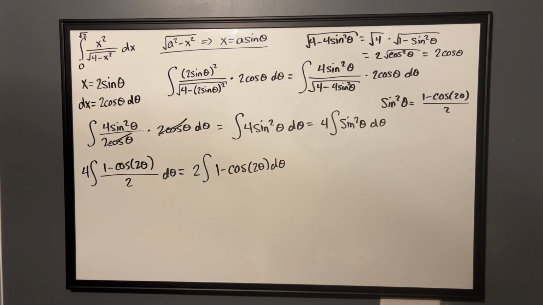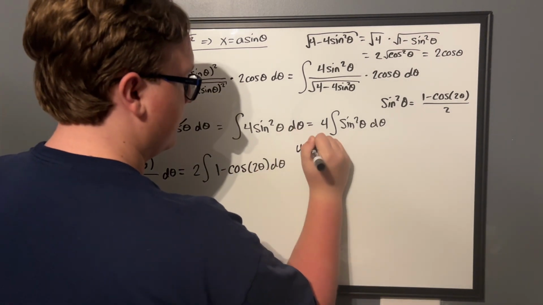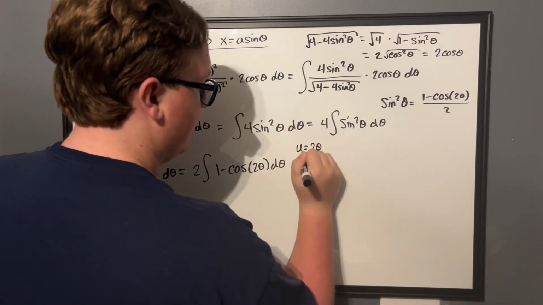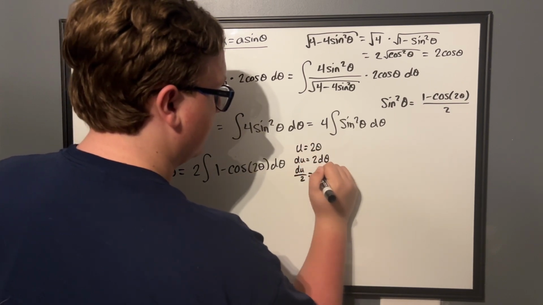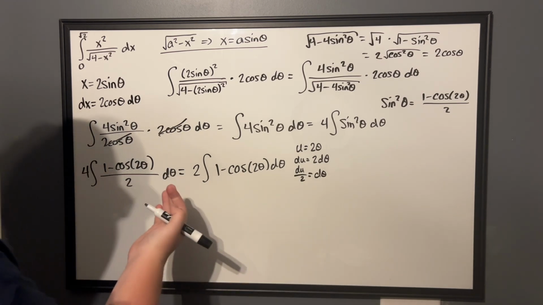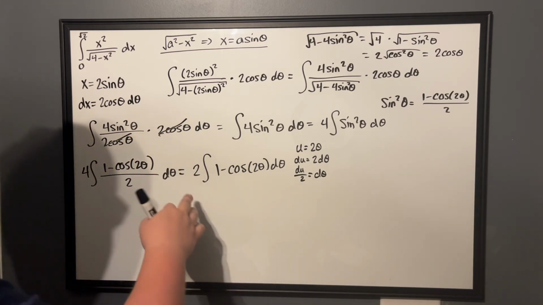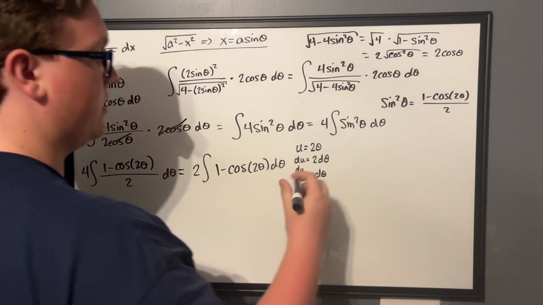Okay, so now we have it in a form where we can actually integrate this just by using a u sub. Because if we say that u is equal to 2 theta, that means that du is equal to 2 d theta, and that means that du over 2 is equal to d theta. So what that means is we can pull a 1 over 2 out of the function. So it'll cancel with this 2 actually. And we're going to change all of this into a u integral.